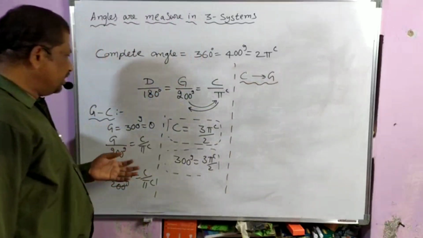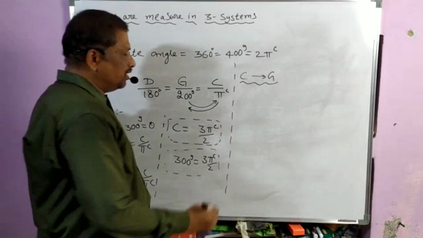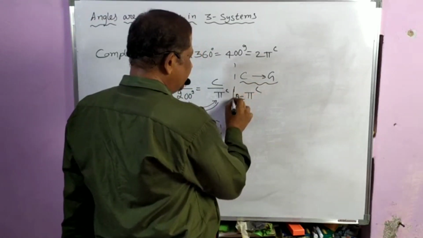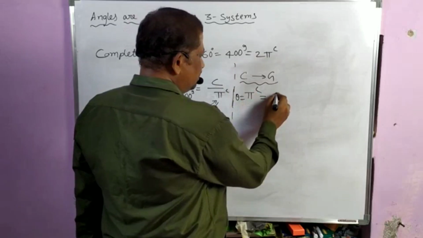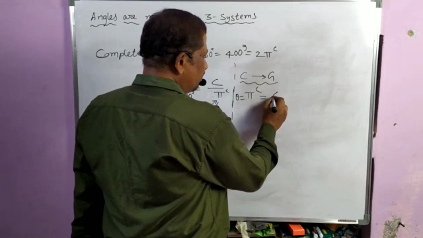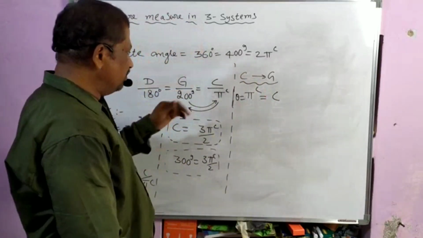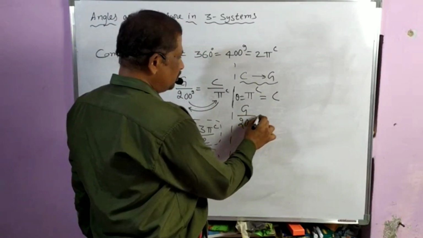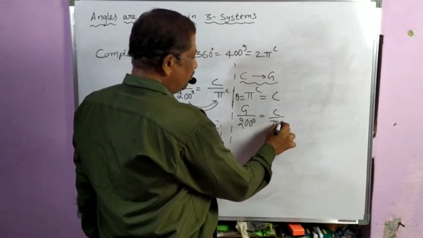So radians, we take any radian. So what are we taking here? Pi radians. Theta is equal to pi radians. So this we substitute in the place of C. Relation you take: G by 200 grades is equal to C by pi radians.